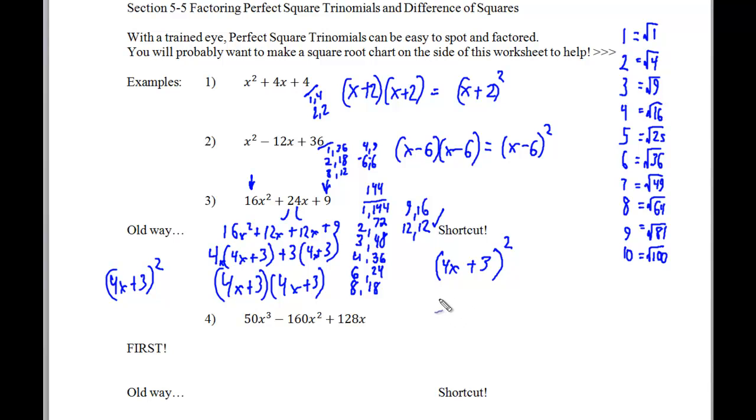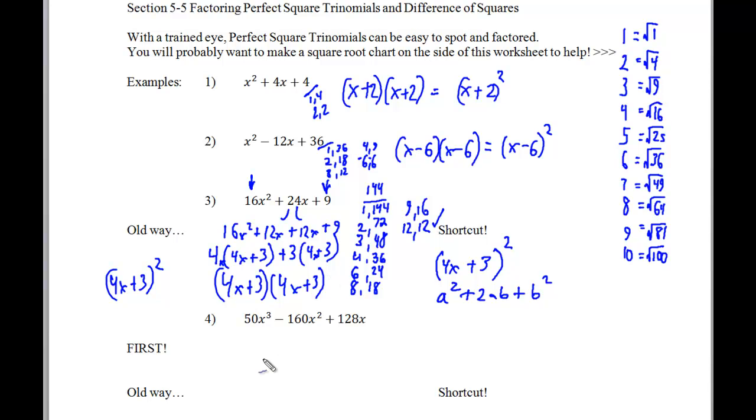The actual formula of this shortcut is a squared plus 2ab plus b squared, which means that if your first term and last term are rootable, which means that you can take the square root of them, then doubling their roots should make the middle term. And if that is the case, then the problem is easily solvable.